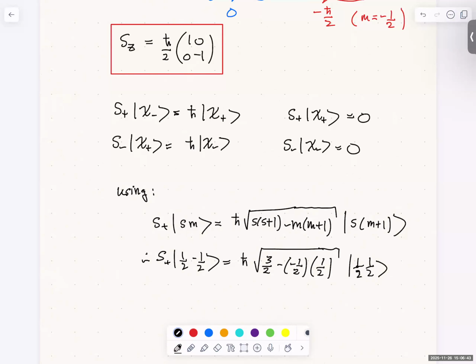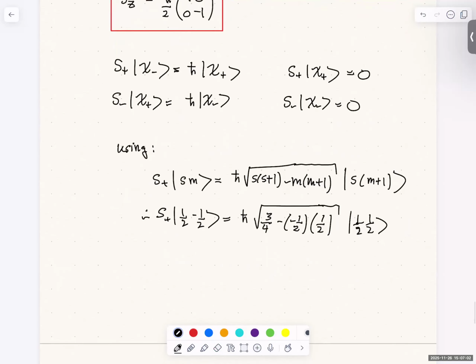Minus 3/4. Oh, 3/4. Yes, you're right. Yes, that is my mistake. Thank you. There we go. That's what I wanted. 3/4 plus a quarter is 1. That's what I was hoping for. Good. So this is H bar, 1/2, 1/2.